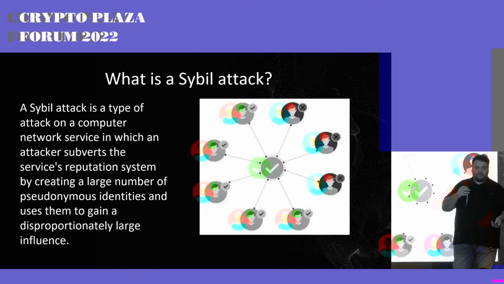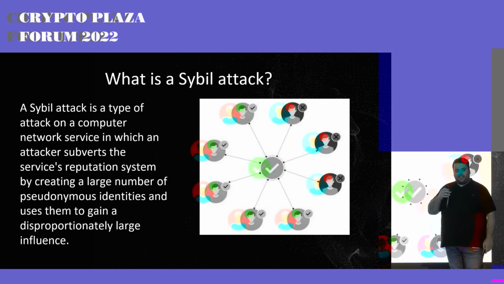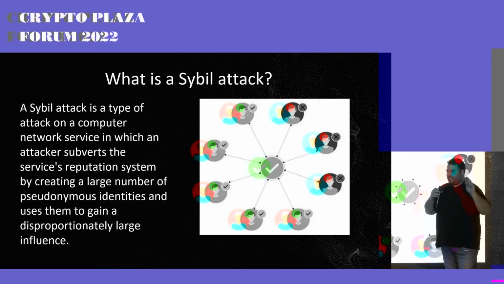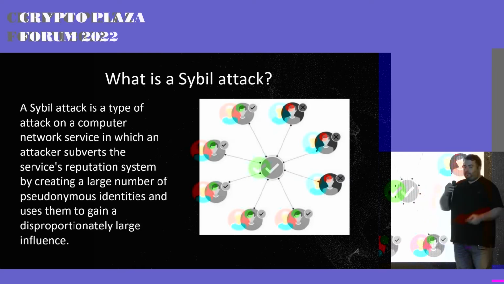And I think most of the people in this room have faced a Sybil attack at least once in their lives. So imagine a network of equal peers which are trying to vote for something, or a reputation system. Now, a Sybil attack is when you can create bots to vote in your favor.